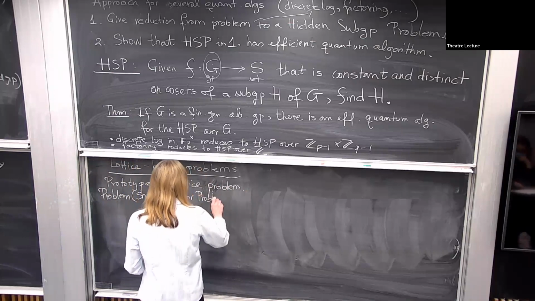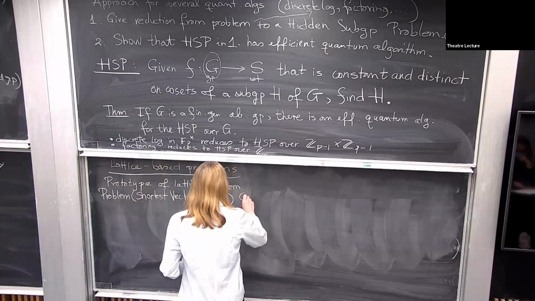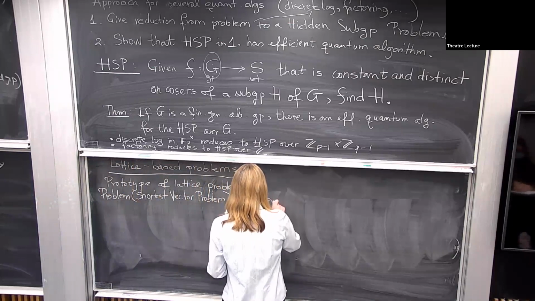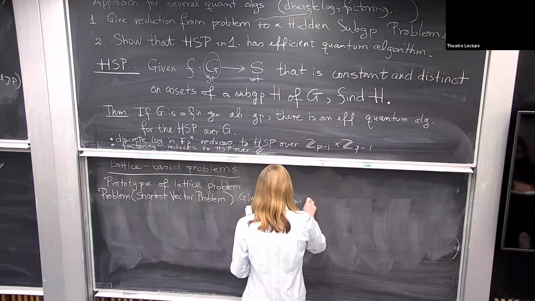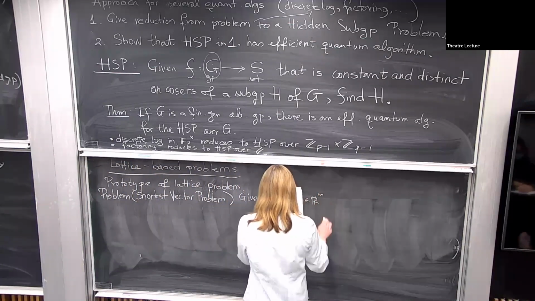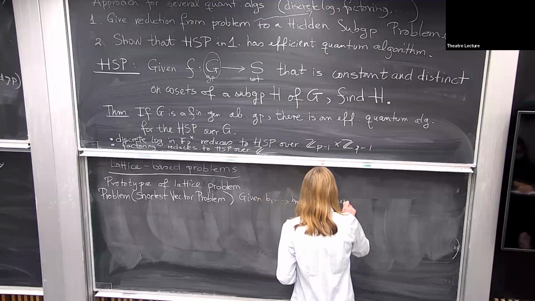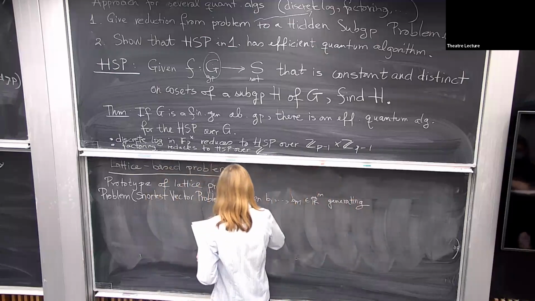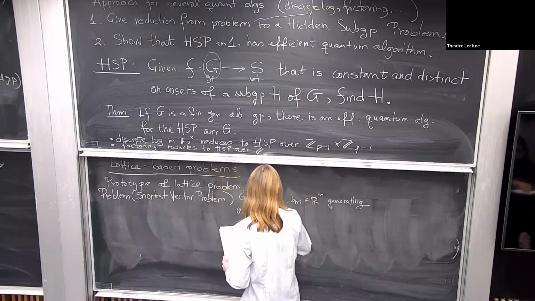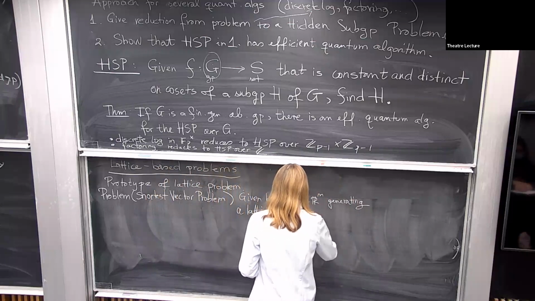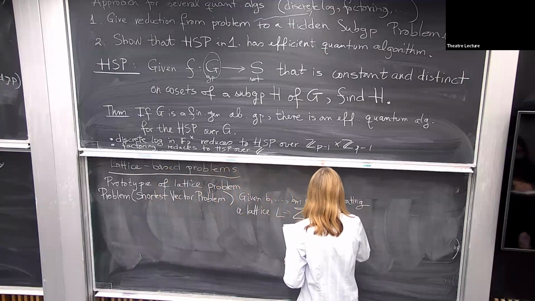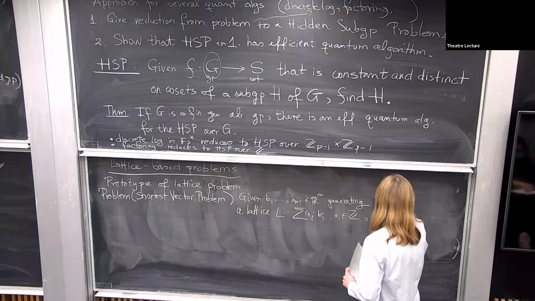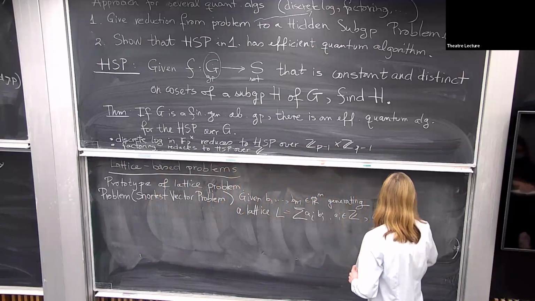Here the problem is just, let's say we have a full lattice. Let's say we have m vectors in R to the m, generating some lattice L. So let's make them a basis here. And then the goal is to compute the shortest non-zero vector.